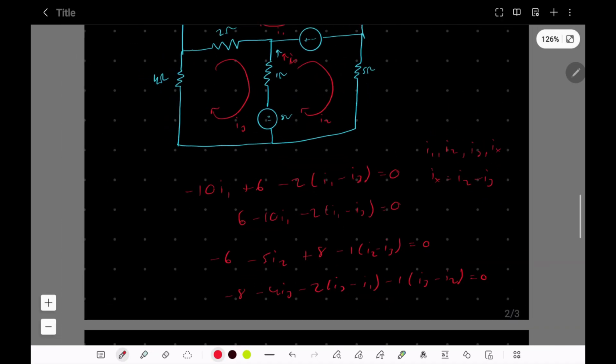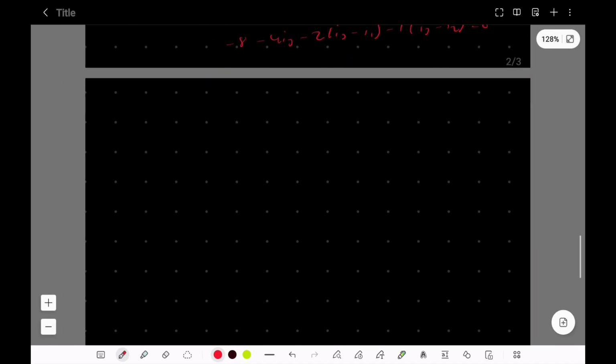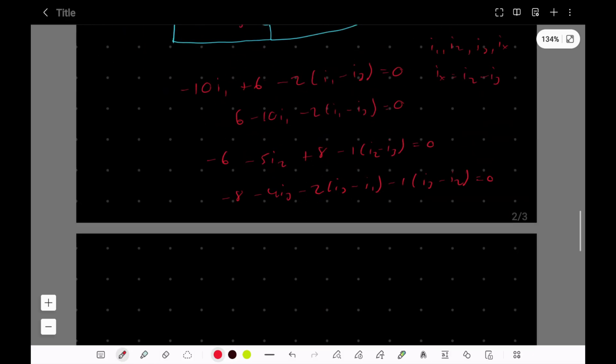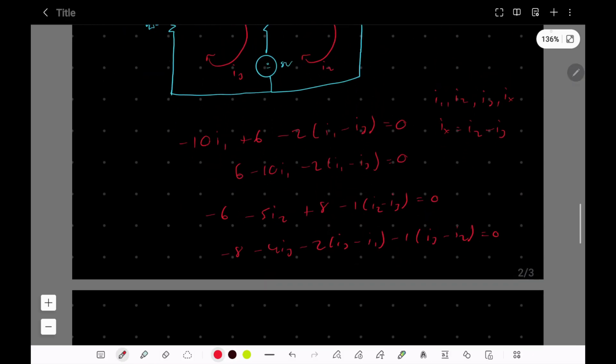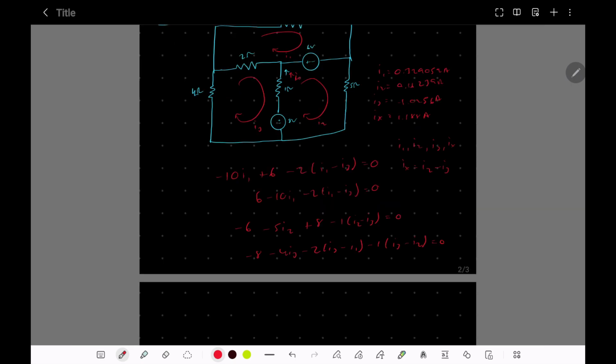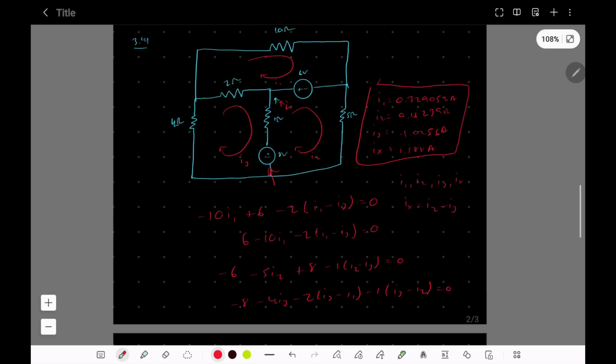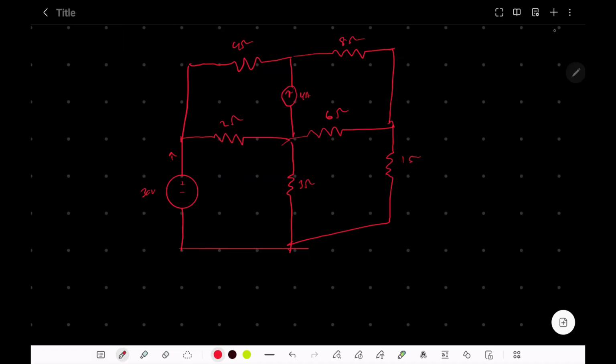We'll just plug this into the HP Prime graphing calculator, which can solve this system of equations for us. Alright, after plugging it into the graphing calculator, we got these values for the mesh currents and the current through this branch over here. And that's that for that problem.